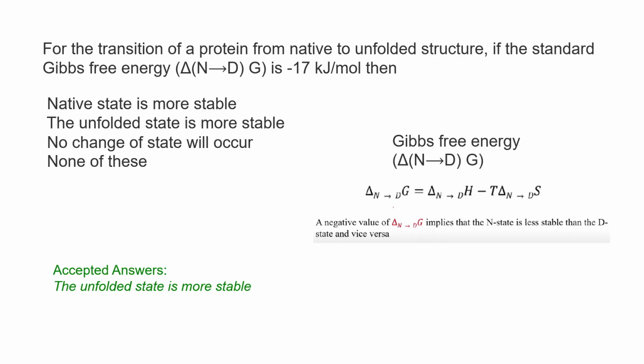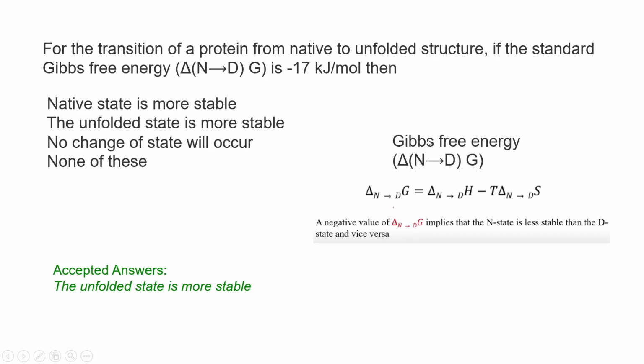This was the next question. For the transition of a protein from native to unfolded structure, if the standard Gibbs free energy delta G N to D is minus 17 kilojoule, then the correct answer here would be the unfolded state is more stable.